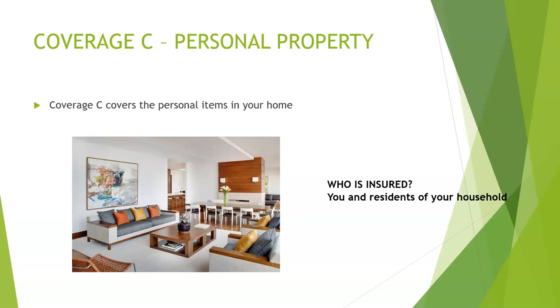The insured consists of you and the residents of your household who are your relatives, anyone in your care under 21 years of age, your children away at college under 24 years of age. Remember that roomers and boarders are not going to be covered on your homeowner's policy. So property of roomers and boarders are not covered under coverage C, personal property.